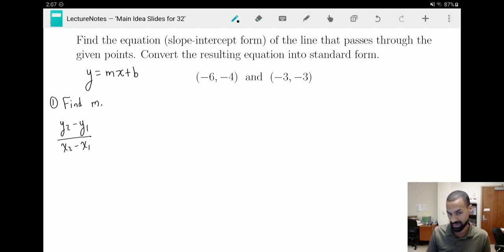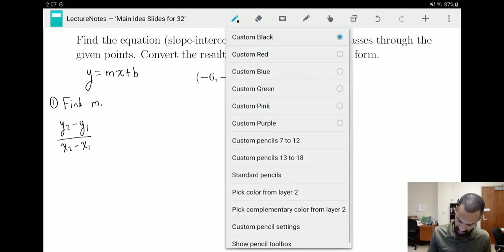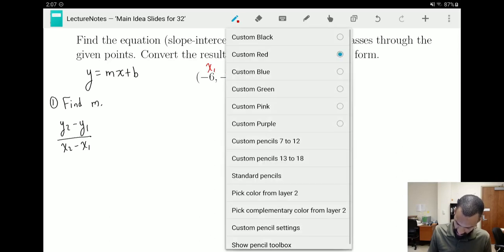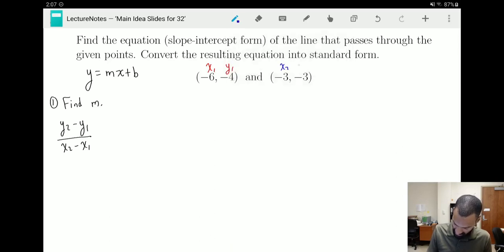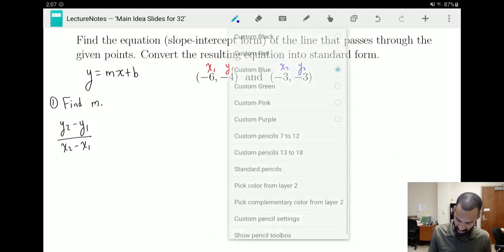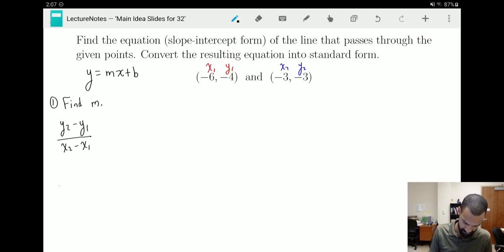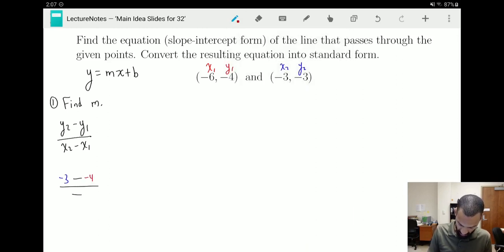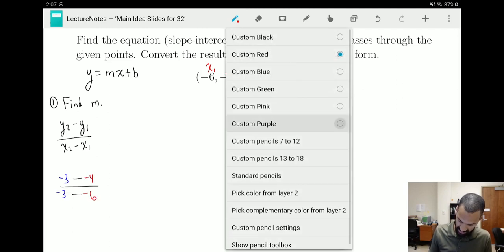Okay, now let me label these. First x, first y, second x, second y. Okay, so y2 is negative 3, y1 is negative 4, x2 is negative 3, x1 is negative 6.